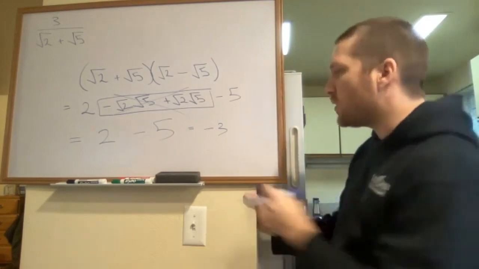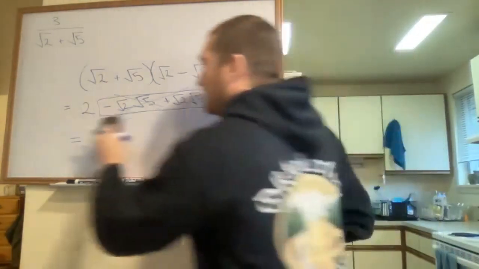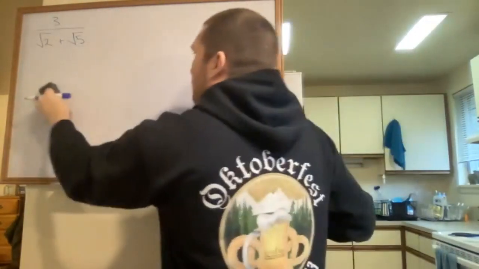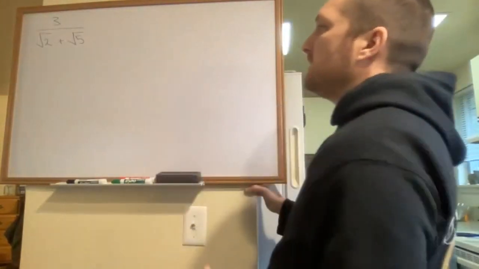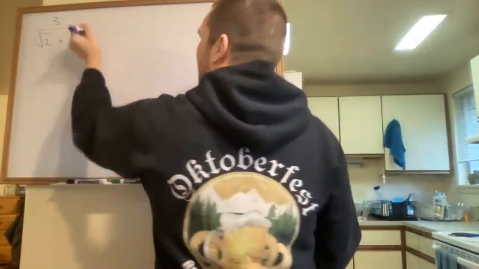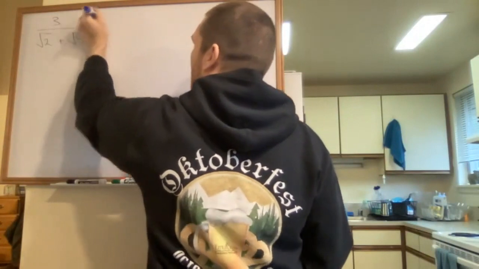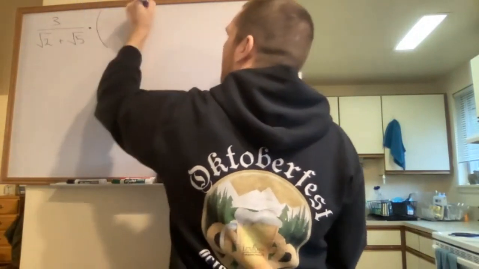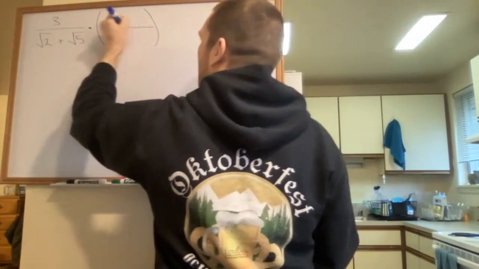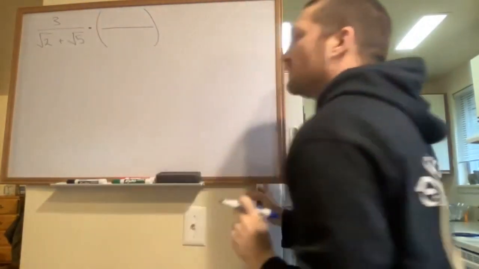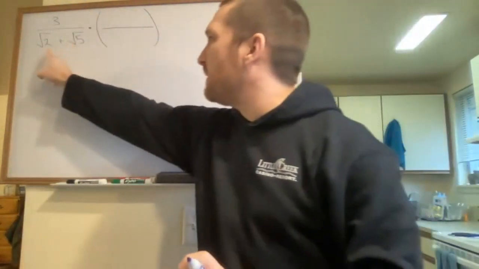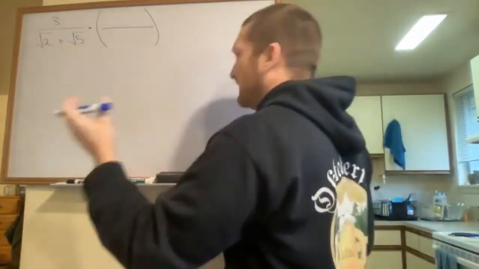Okay, so getting rid of this. We are to rationalize the denominator. So I know that I have to multiply this by 1. But I'm going to write 1 in a way that actually helps me out. So what is the thing that makes these go away? We just did it.